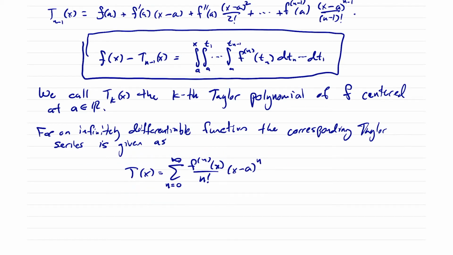Okay, so we can go ahead and do a few quick examples, just to remind you how all this works. Let's take a look at the easiest example, and that easiest example is the exponential function. So we'll do it centered at a.